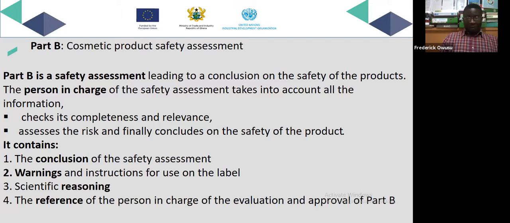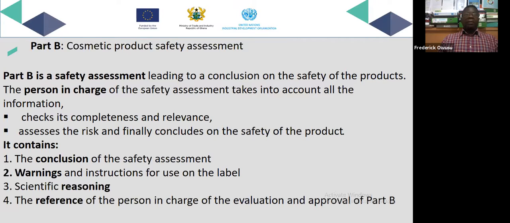Assess the risk, and finally conclude on the safety of the product. When you are talking about the risk, you are talking about the inherent hazard, be it chemical, biological, or physical hazards of the product.